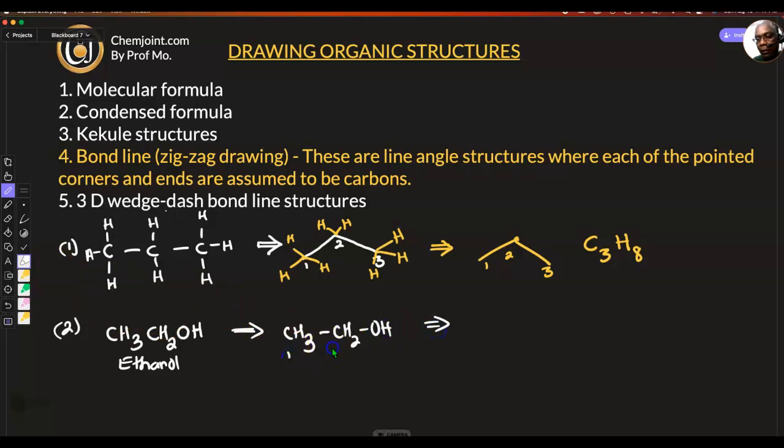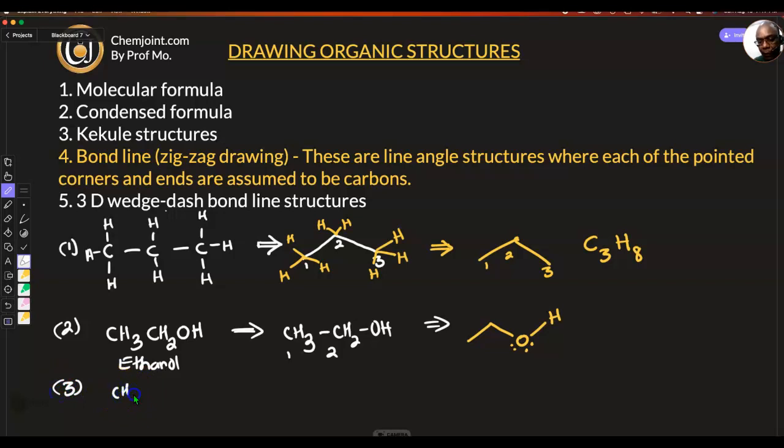I see that I have 2 carbons, so I can translate this to 1. The moment you put the pen down, count it as 1, 2, and then we'll have an OH, but still we want to maintain that zigzag shape. In this one, you have to show the lone pair. These are the common way we draw things in organic chemistry. How about when we have a ring?